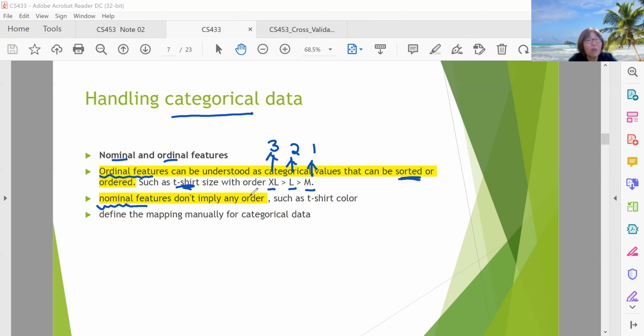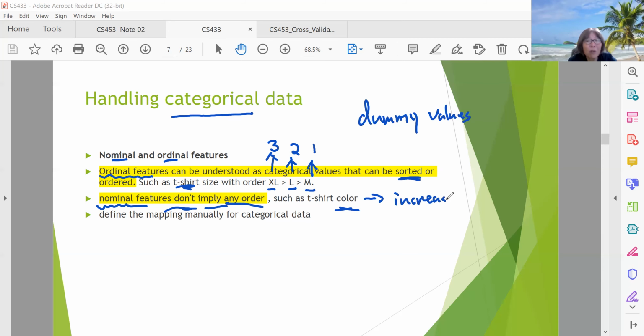For nominal features, there is no order, like color. For color, how do you order? In this case, how are we going to handle it? If you recall in Python, we learned get_dummies, the dummy values. Basically, if we use dummies, we increase the number of features.